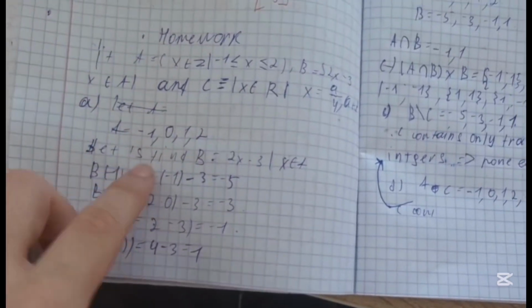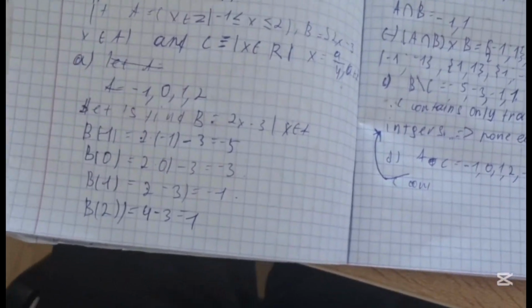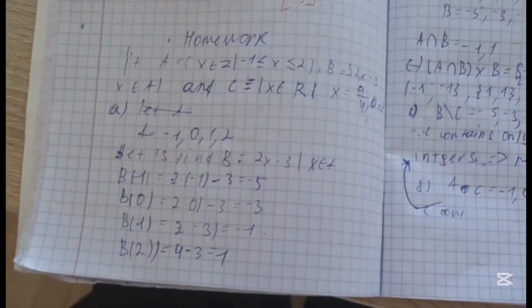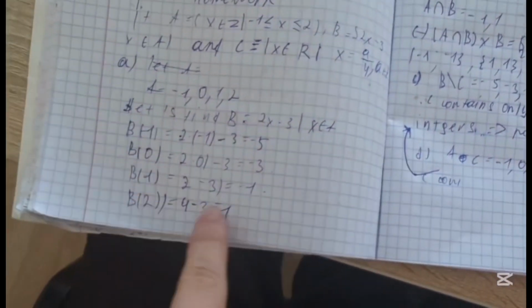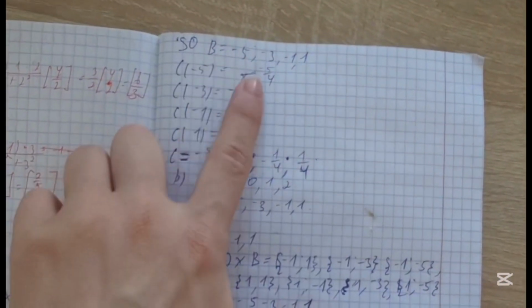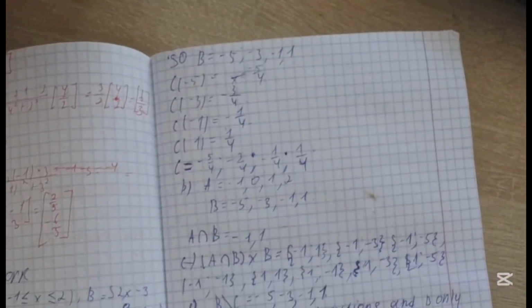Let's find B. It's defined as B equals 2x minus 3, where x is in A. We substitute each element of A into the expression and get the values that B contains. So B equals {-5, -3, -1, 1}.